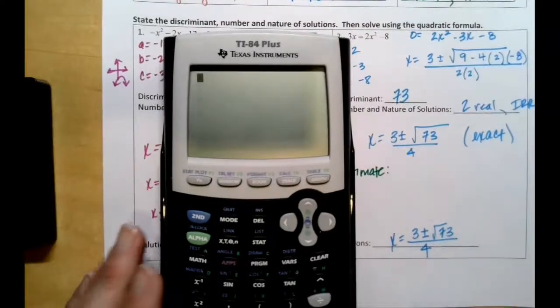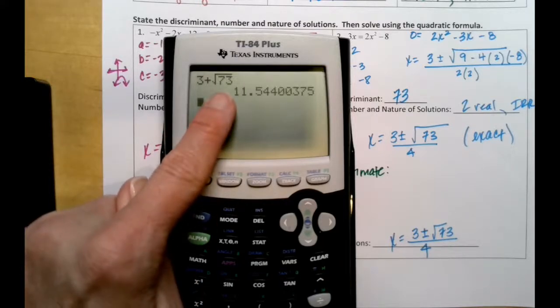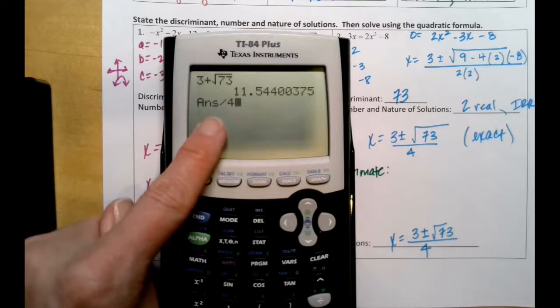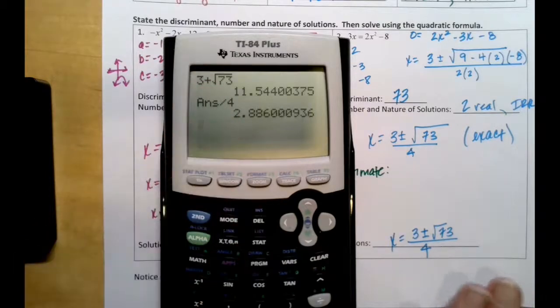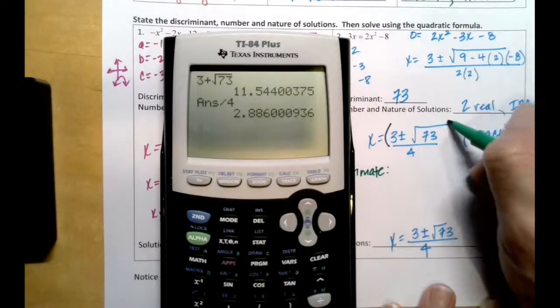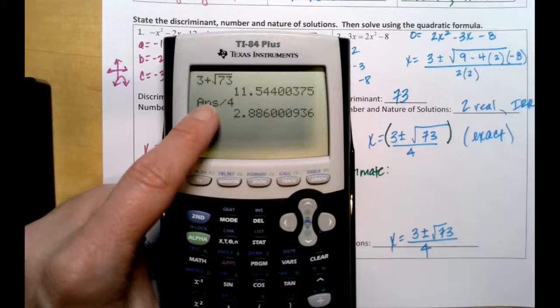This is what I type in: 3 plus the square root of 73, and then I'm going to divide that by 4. When I enter it this way into my calculator, I make sure that this is 1 in the numerator.